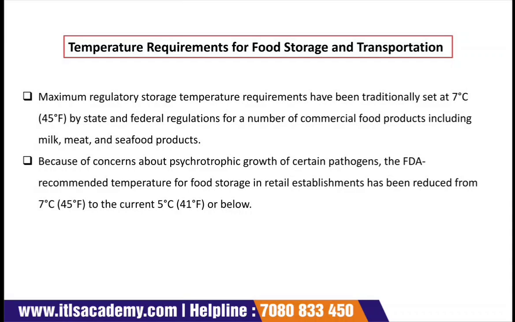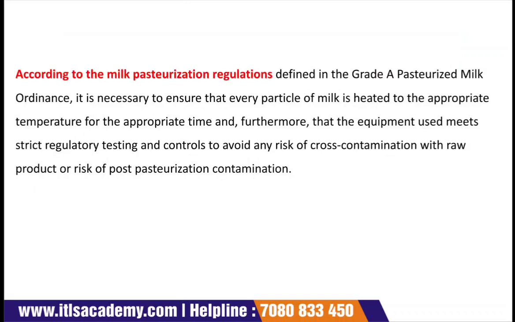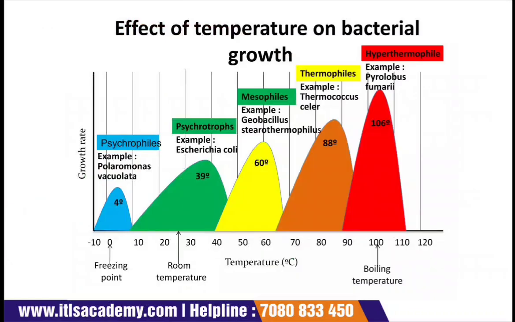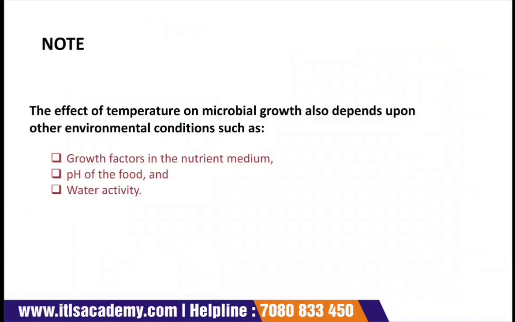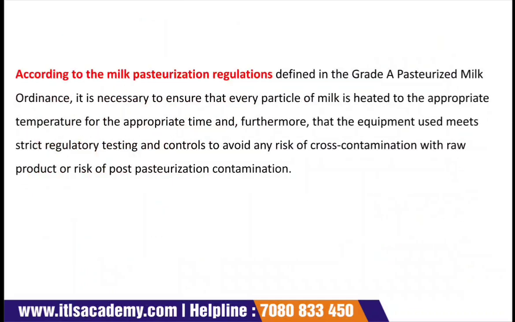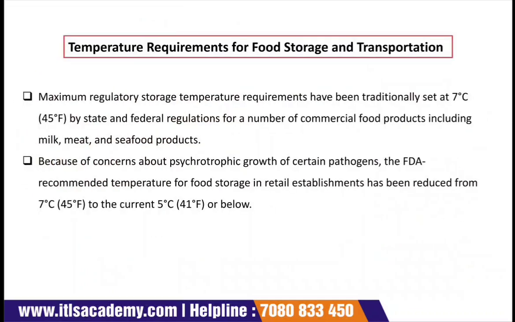Now, because of the concern about psychrotroph growth, which occurs at a very low temperature, you can refer to this graph for better understanding. Psychrophiles grow at minus degrees centigrade. Because of this concern about psychrotrophic growth of certain pathogens, the FDA recommended that the food storage temperature in retail be reduced from 7 to 5 degrees centigrade.